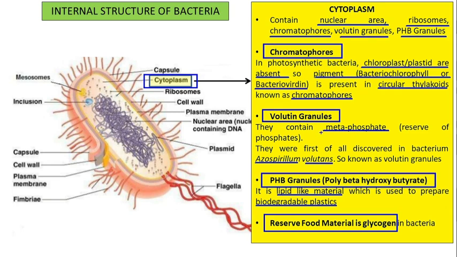Volutin granule means metaphosphate compounds, present especially in the cytoplasm of bacteria, and discovered in Spirillum volutans. Next is PHB granule, a lipid-like substance used to prepare biodegradable plastic. And the reserve food material of bacteria is glycogen.